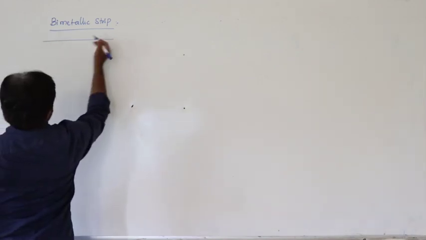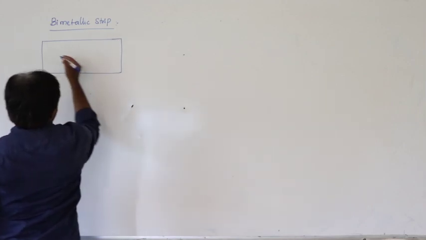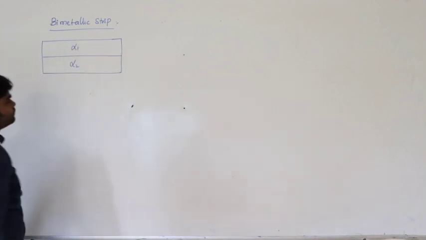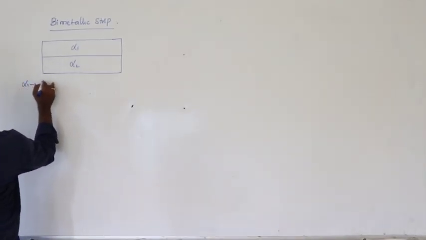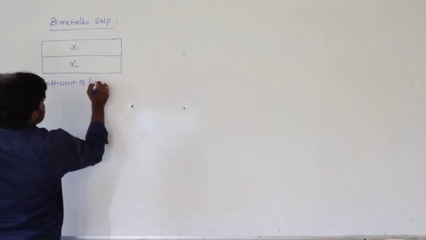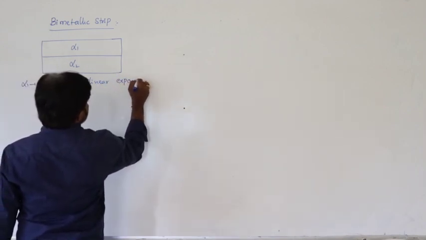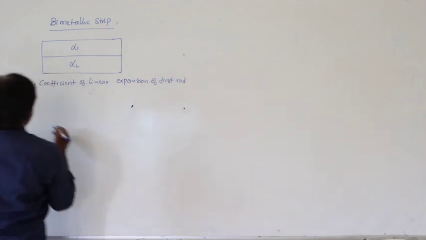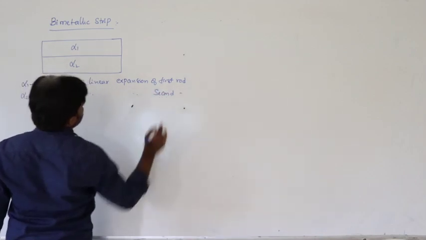So, see here, initially I am considering two materials whose coefficients of linear expansion are alpha 1 and alpha 2. Alpha 1 is the coefficient of linear expansion of the first rod, and alpha 2 is the coefficient of linear expansion of the second rod.